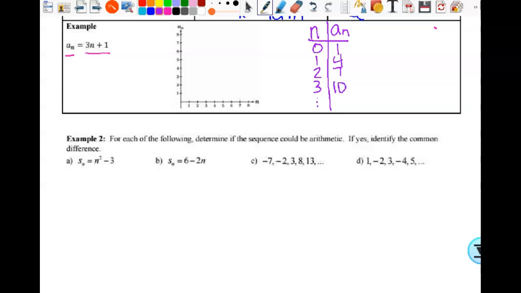Okay? So let's go plot those. At 0, I'm at 1. At 1, I'm at 4. At 2, I'm at 7. At 3, I'm at 10, but that's off my graph, so I can't actually do that one.